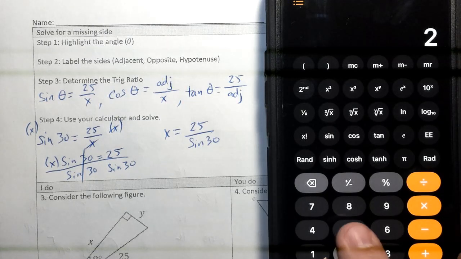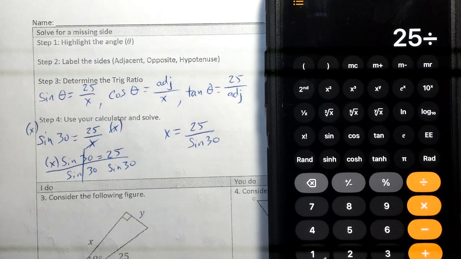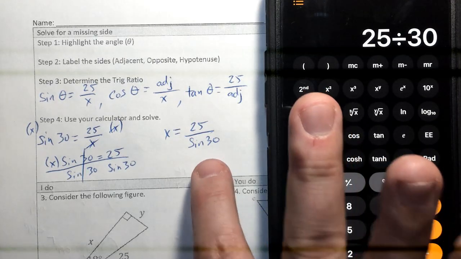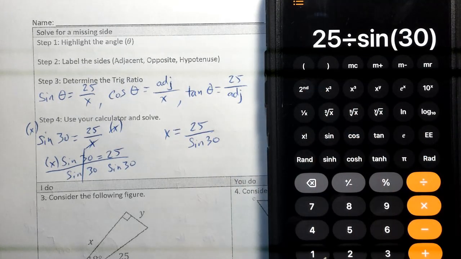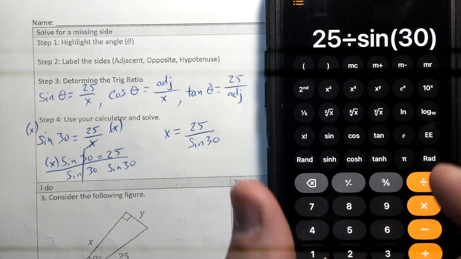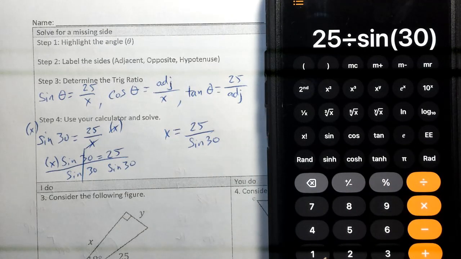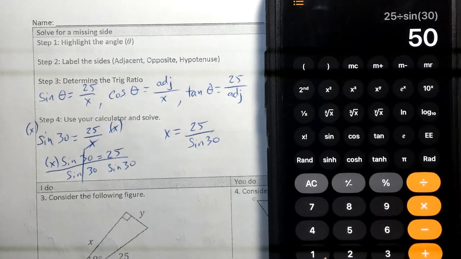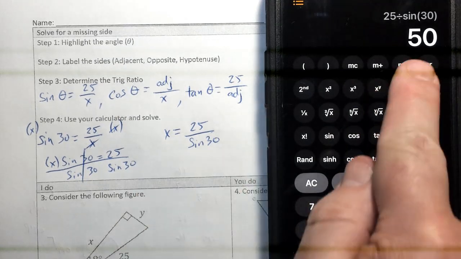The one at school, you have to hit the angle measure, which is 30, sine. On the calculator at school, it's going to give you the ratio, and then you have to hit enter, but we have to hit enter with this one anyway. So 30 sine enter, so x equals 50.